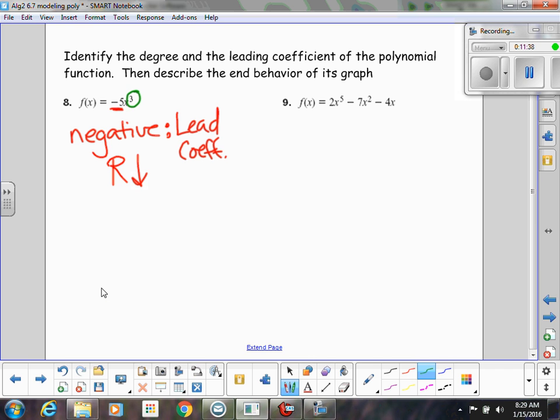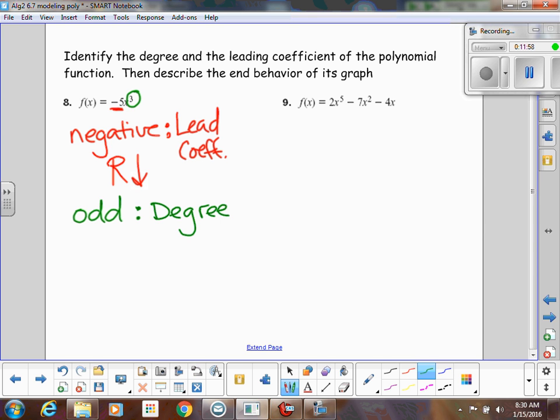And so here where the degree was odd, 3 is odd, remember that all of the degrees are going to be positive. So if you're getting confused on whether the degree should be positive or negative or even or odd, the powers are always going to be positive. So doing positive or negative for a degree doesn't really make sense. Okay, so for degrees, we're looking for whether they're odd or even.